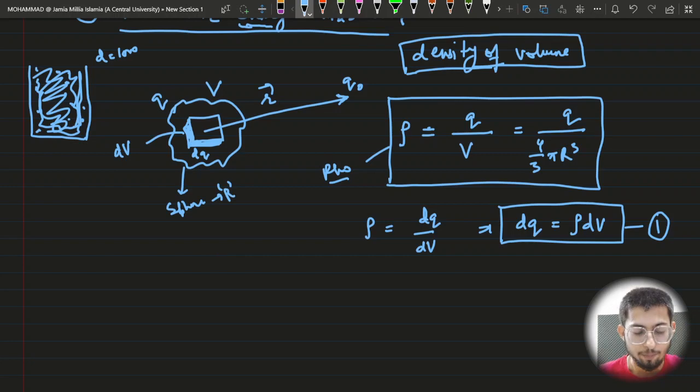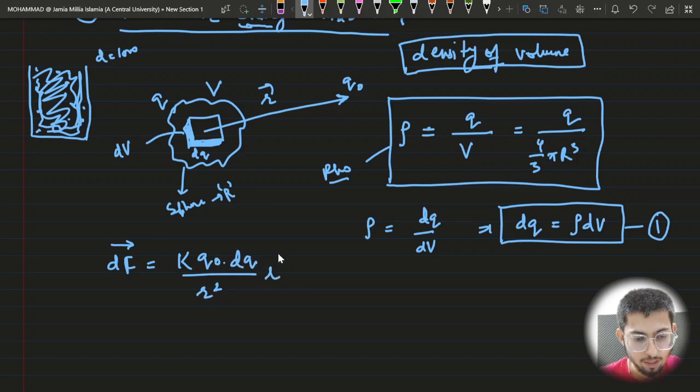Now let us go back to the thing that we need to find. We need to find the force on this charge q naught due to the entire volume v. First of all, can we find this small f? Small force will be df due to this dq, and that would be k q naught dq by r square r unit vector.